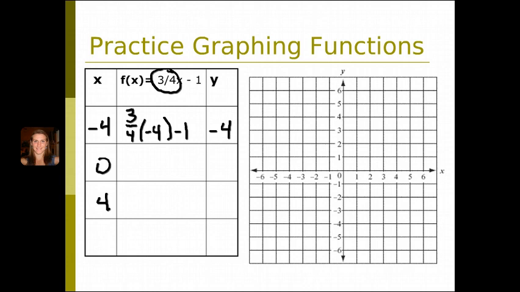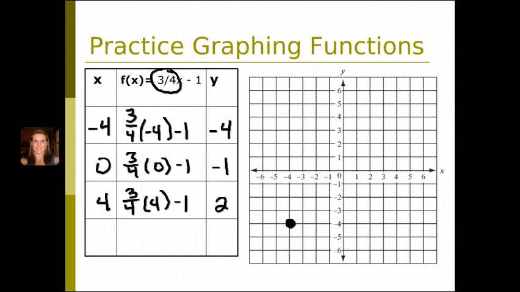And then 3/4 times 0 minus 1 gives us -1. And 3/4 times 4 minus 1 gives us 2. So our coordinate that we're going to graph first is -4, -4. So you come to -4 on your x-axis and -4 on the y-axis, and you plot your point.